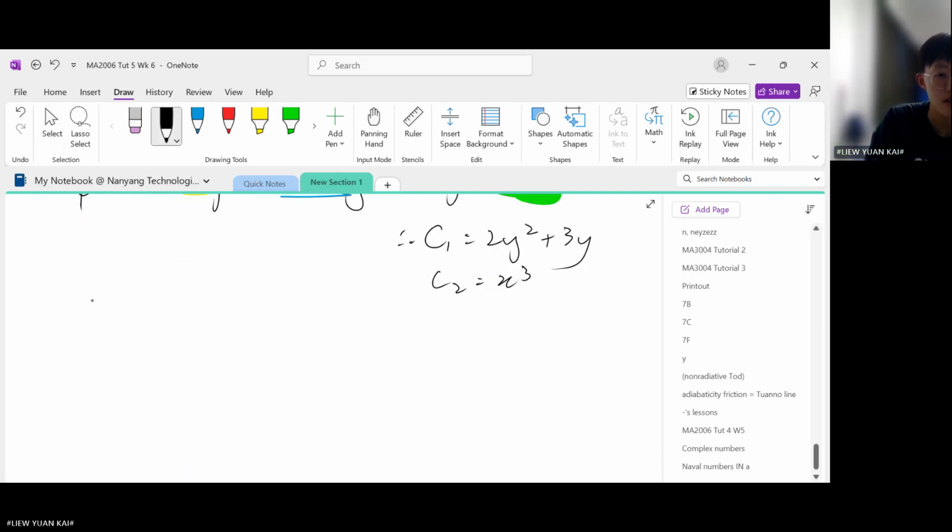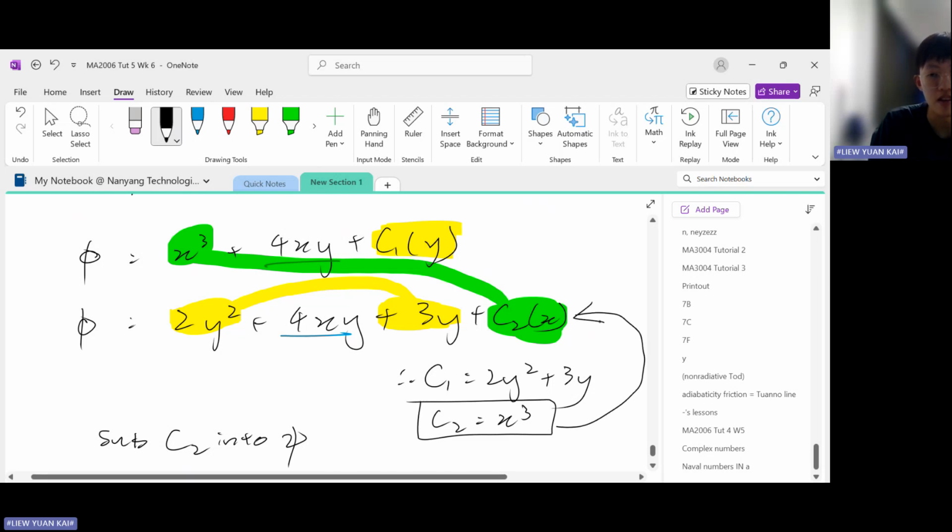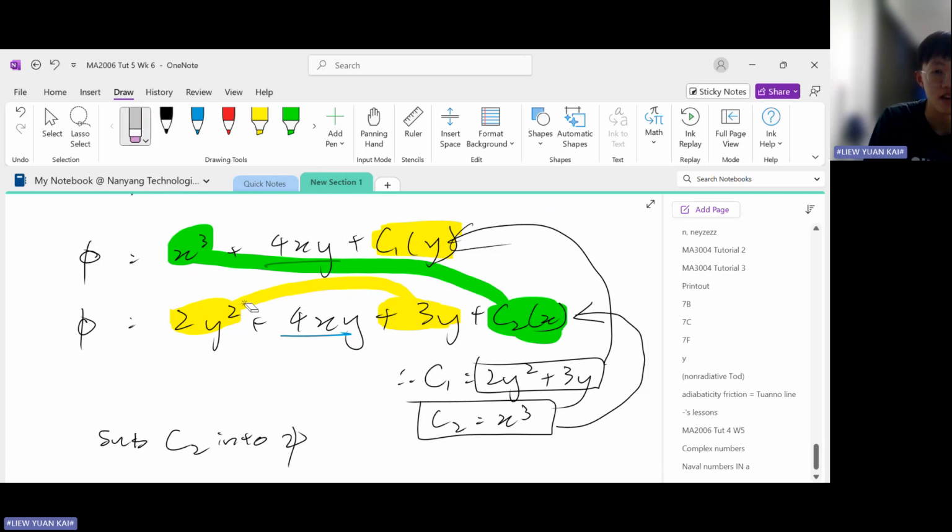So we can just sub c2 into phi. Meaning to say, I'm going to take this and replace it into here. Alternatively, you can just take this and replace it into here. They both give you the same thing.